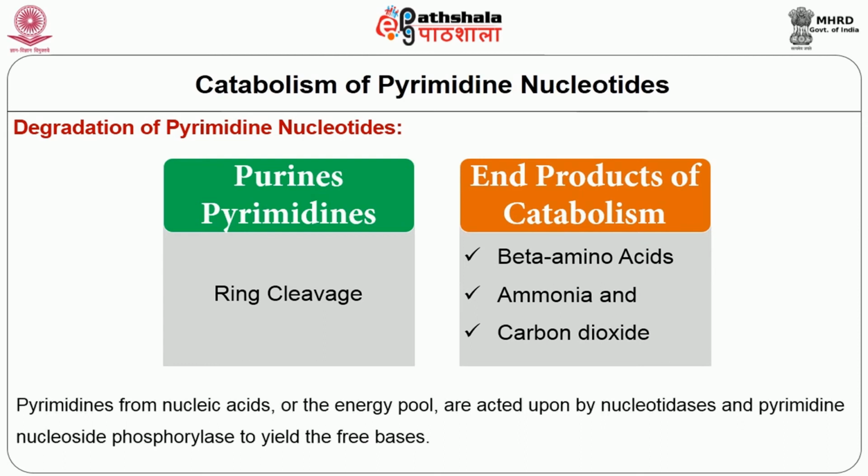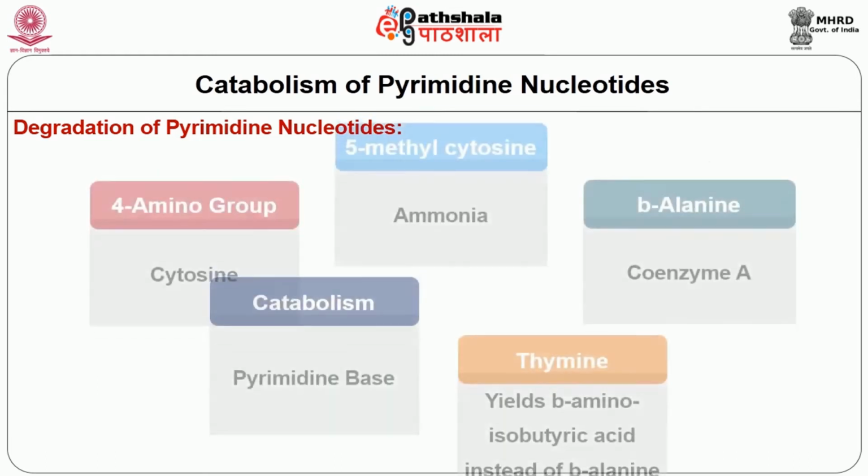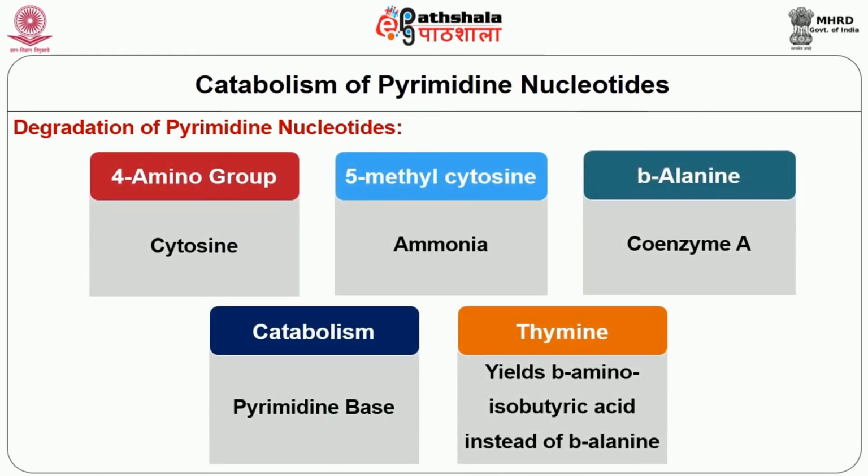Pyrimidines from nucleic acids or the energy pool are acted upon by nucleotidases and pyrimidine nucleoside phosphorylase to yield the free bases. The 4-amino group of both cytosine and 5-methyl cytosine, that is thymine, is released as ammonia. Beta alanine can be recycled into the synthesis of coenzyme A.